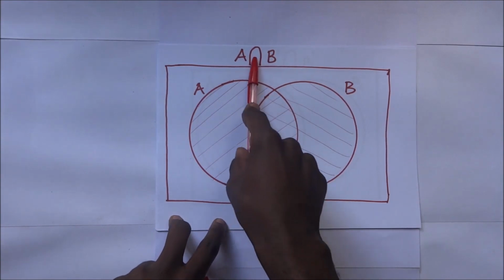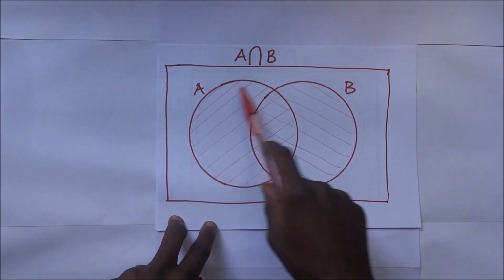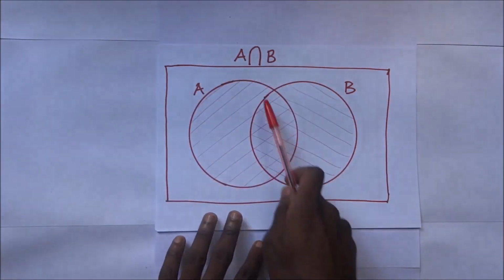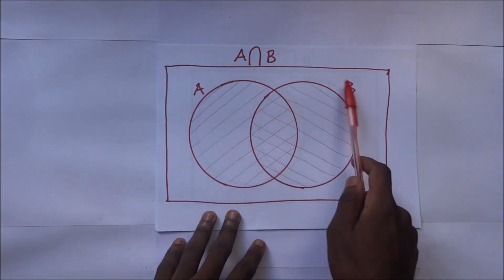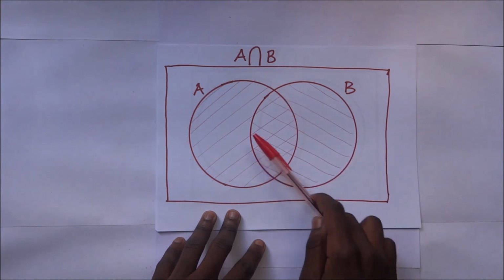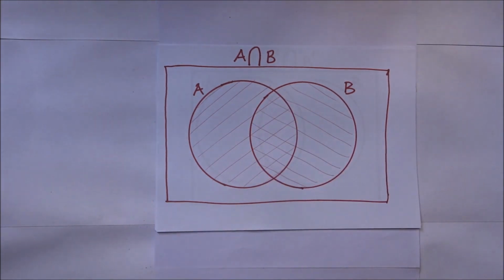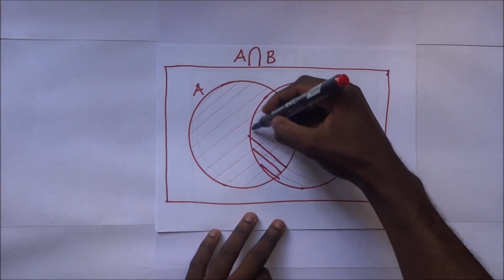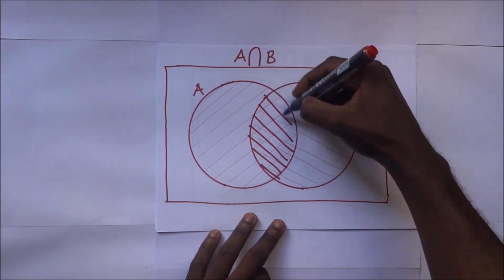Now, the intersection is where these two sets are meeting. It means where these lines are intersecting. That is the intersection. So A intersection B is this middle part because that is where these lines are crossing each other. So that is what we shall shade as our intersection. So this is set A intersection B.